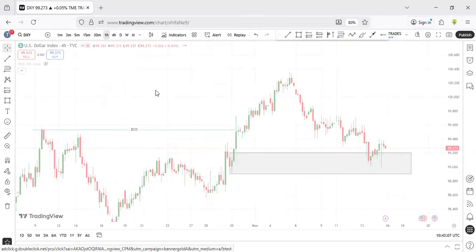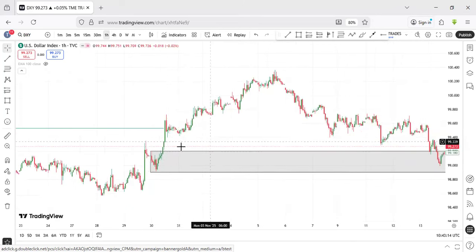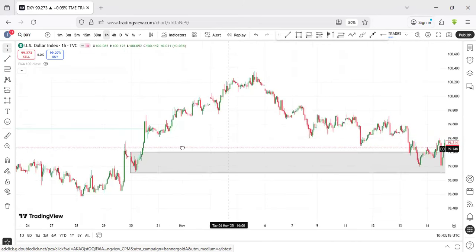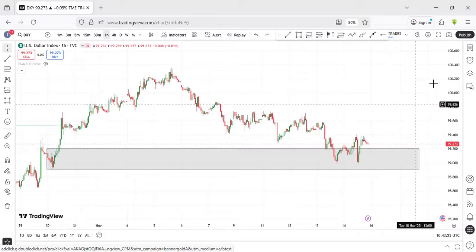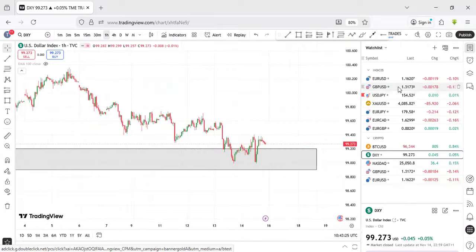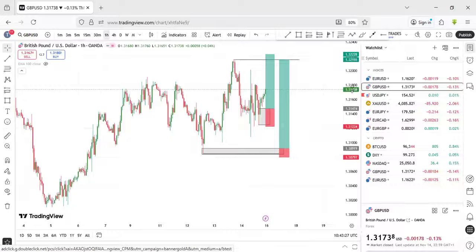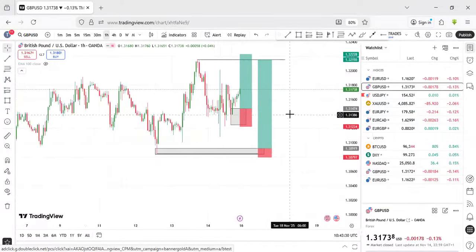Let's go to 1 hour to see it very well, right? It has taken this liquidity created after this break of structure, and this is a very good order block, and the market is already reacting from that particular place. We could see USD becoming stronger this trading week. That is why you have to watch out what you are going to be doing at this particular place.